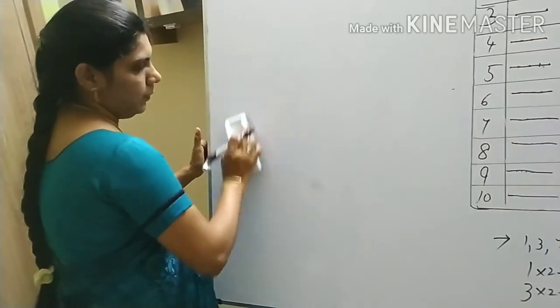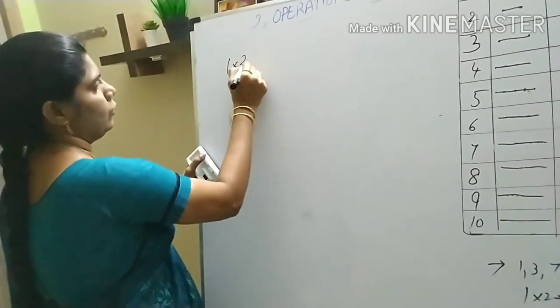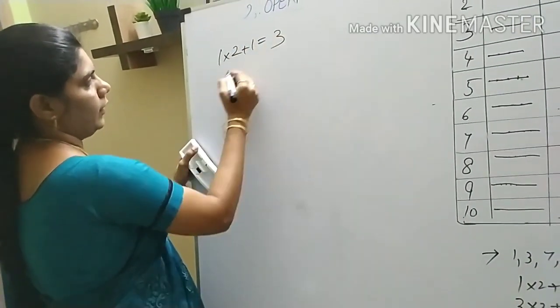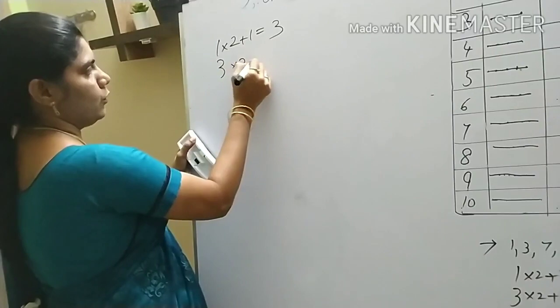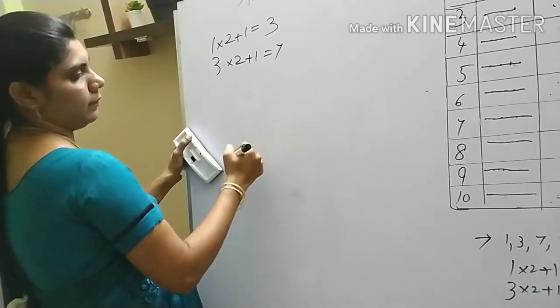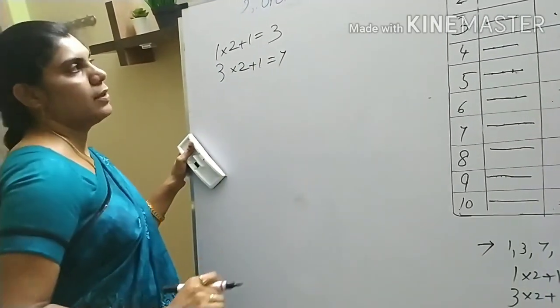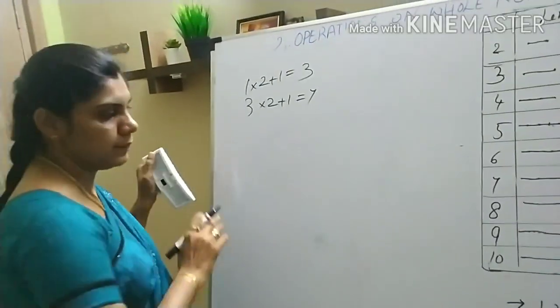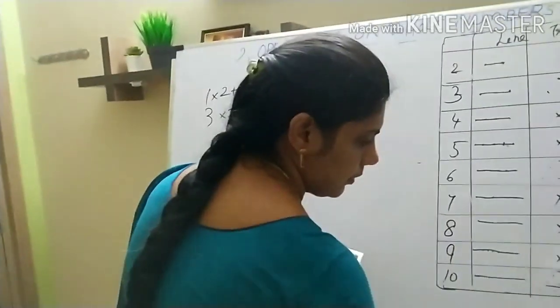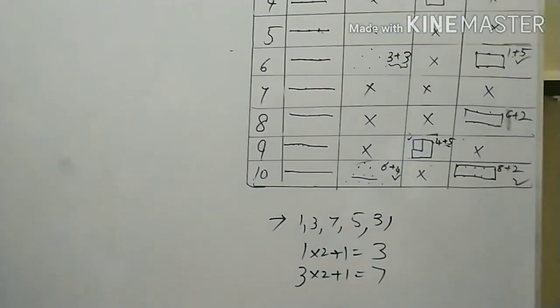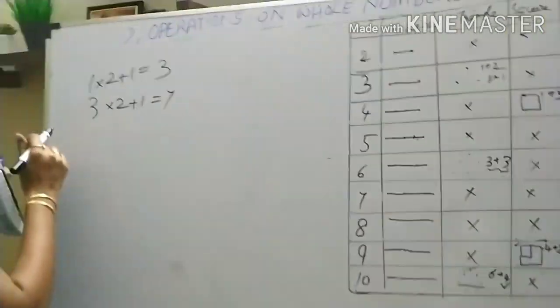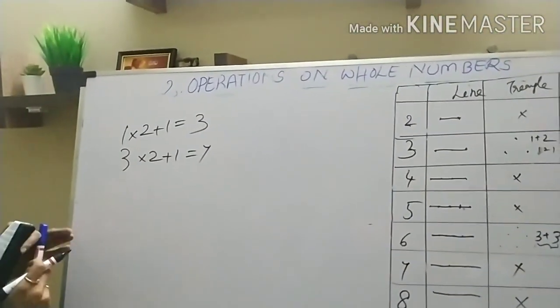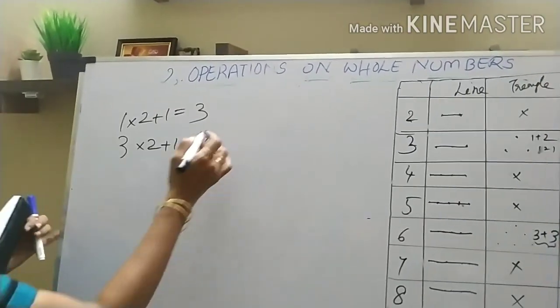Take one more example. 1 into 2 plus 1 equal to 3. 3 into 2 plus 1 equal to 7. So what is our pattern here? Is there any pattern here?